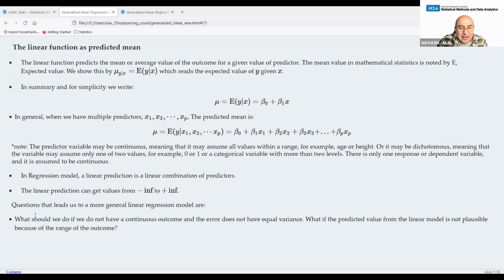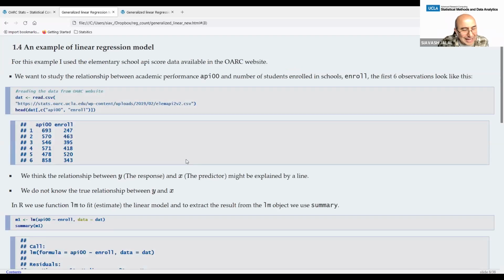In fact, in a lot of cases, for example in a count model or in a Bernoulli model, the mean is limited. It is always positive, and in the case of Bernoulli, the mean is between 0 and 1. We will see that in more detail next. So that's why we need to extend this method. And there is also another thing that we will see.